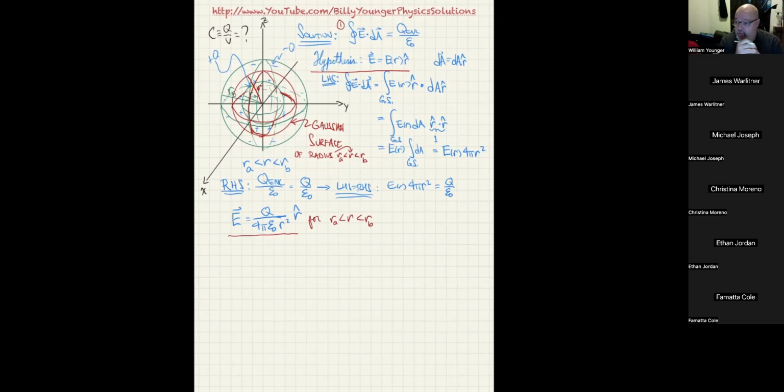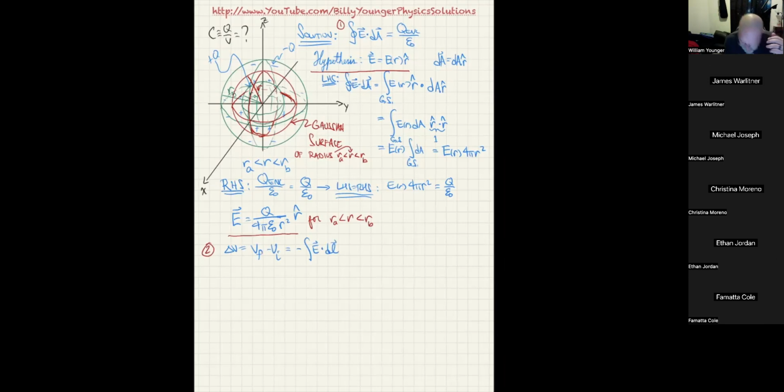Step 2 is using the definition of voltage to calculate the voltage difference between the two parts of the charged object, in this case one being positive charge, positive Q, and the other being negative Q. So for step 2, I'll say that delta V is equal to V final minus V initial, because that's the definition of delta, which is equal to the negative integral of E dot dl, not dA.